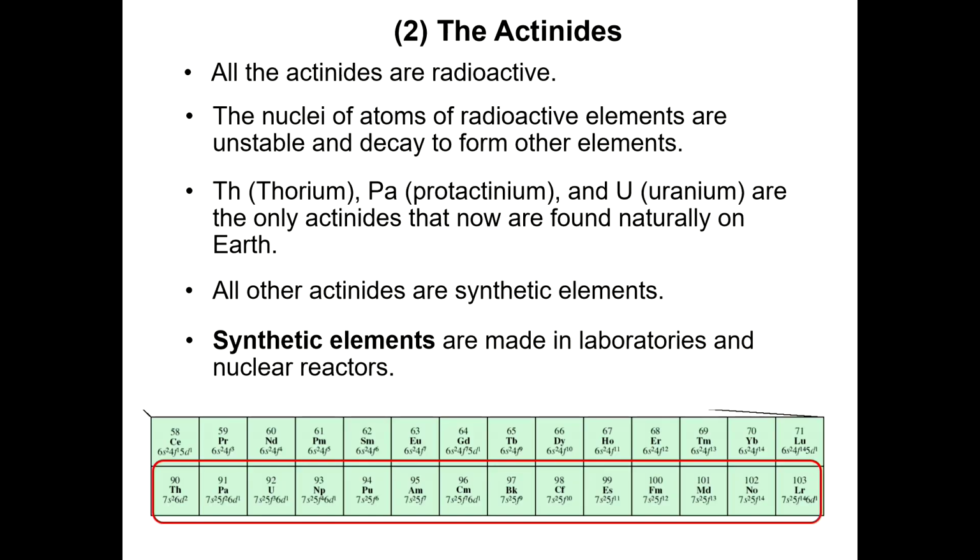Okay, the second series is the actinides. So actinides is this series, which includes these 14 elements. Basically their electrons are filled in 5f orbitals. Only these few can be found on Earth, just only 5.